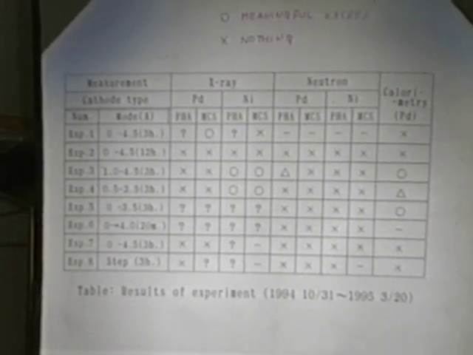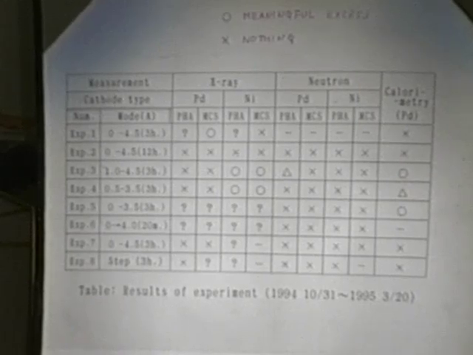And some are proved to be due to some kind of noise signal. And for neutron, we have a very slight signal in the spectrum, only for the palladium cathode sample. And for calorimetry, we have some positive results for excess heat. However, the correlation between these things and these nuclear products is not very clear at this stage.